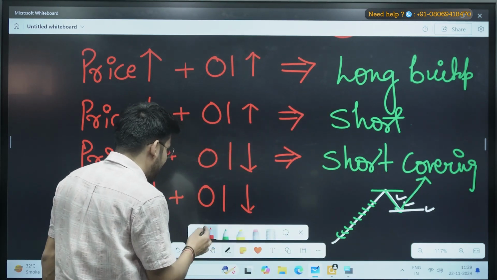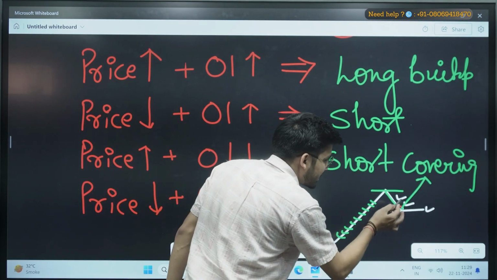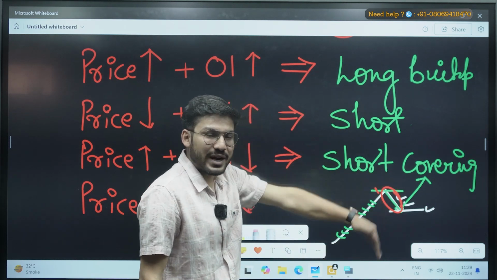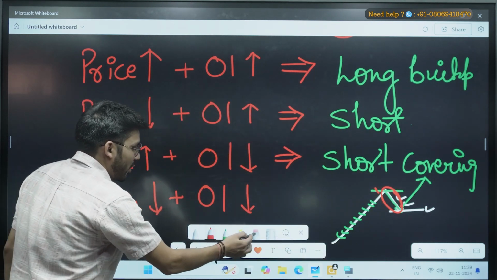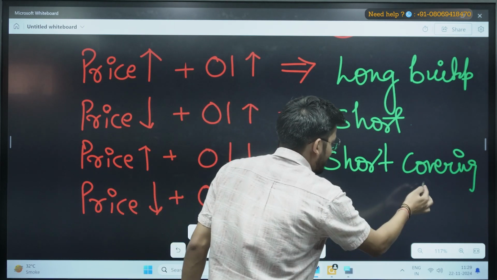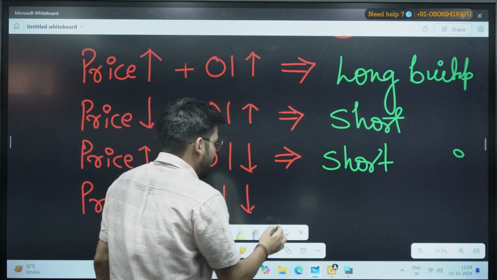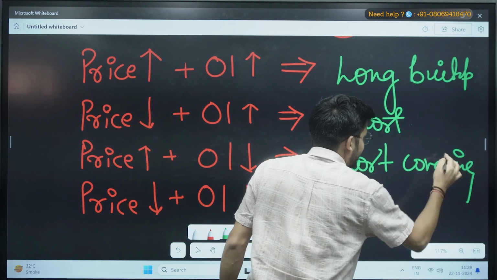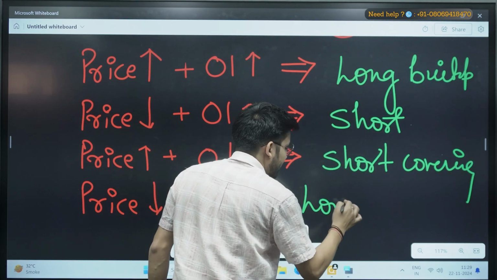So when we are talking about long unwinding, this is my long unwinding. The market unwound itself. That is what long unwinding means. So the fourth condition was long unwinding.